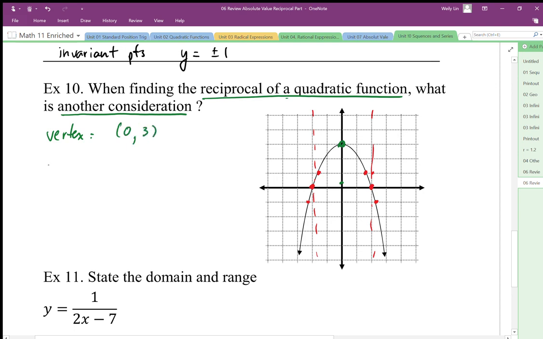So then the reciprocal will have a coordinate at (0, 1/3), and that point then represents a point of interest. Okay, so this is a vertex on the reciprocal function, and then we can draw in the rest of that and follow the asymptotes, go through the invariant points, and draw that in.